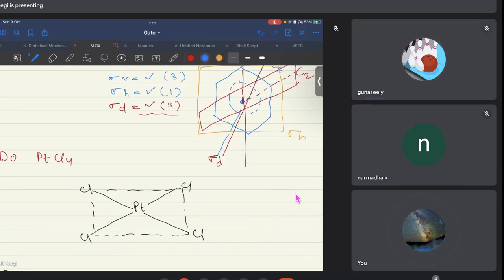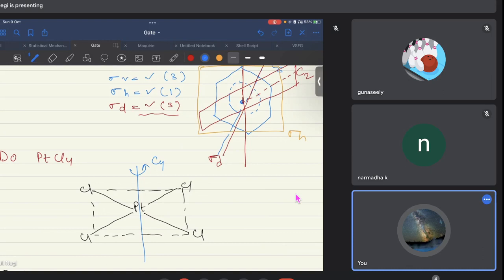Correct. So this will be C4 passing through the center of the metal Pt, platinum. C4 means it will do a rotation of 90 degrees, correct? So this will do the rotation of 90 degrees. Now this particular principal axis which is passing through the center will have some planes.